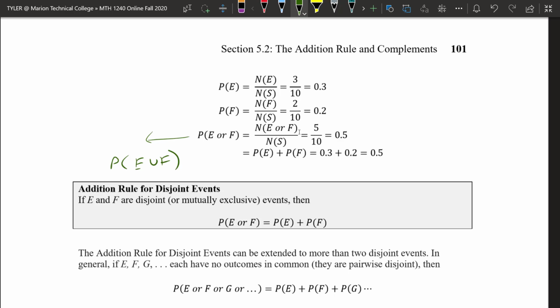This only works if we have disjoint events. We're going to look at it in the next learning objective if the events aren't disjoint.